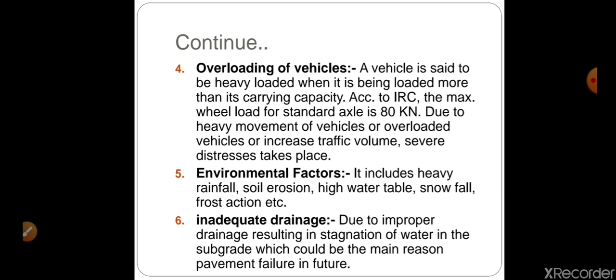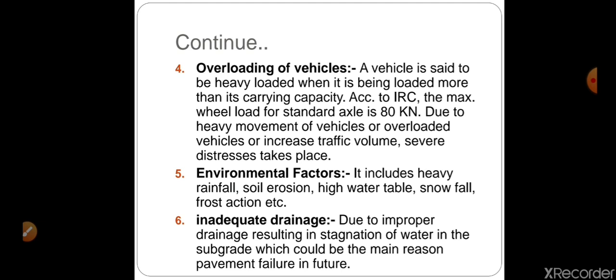And the fifth is environmental factors. It includes rainfall, soil erosion, high water table. Obviously the subgrade softens, or the load bearing capacity of the subgrade decreases. If heavy load comes on that, obviously distress will be more prominently visible in those conditions. And the last one, very important, is inadequate drainage.